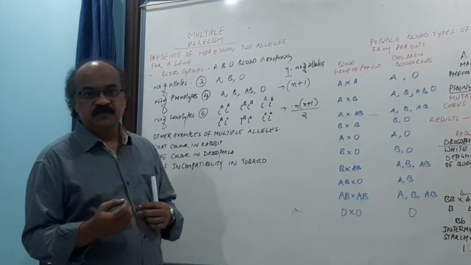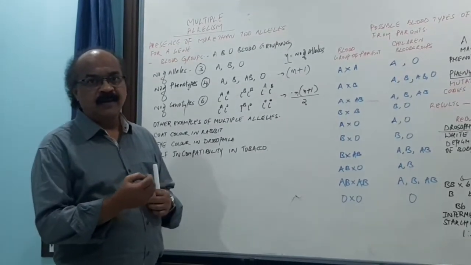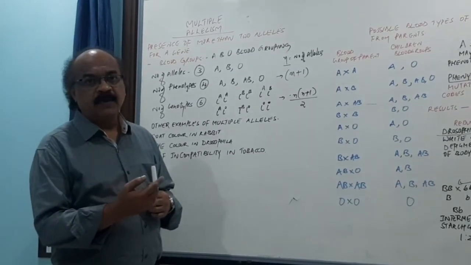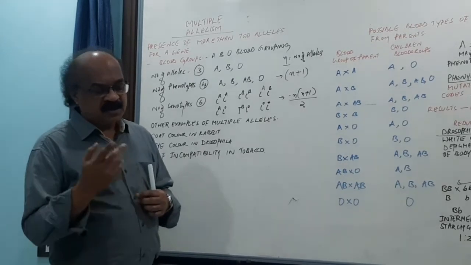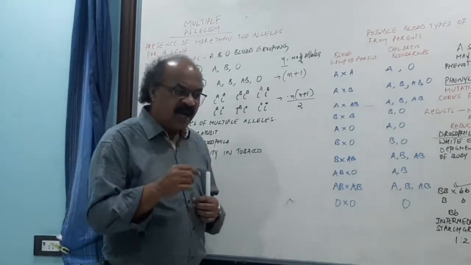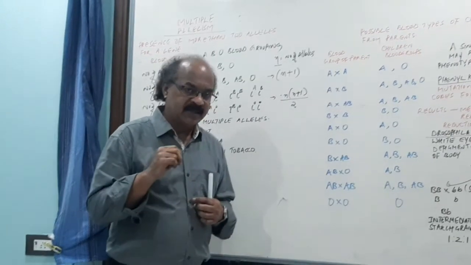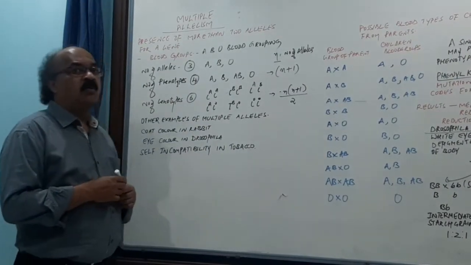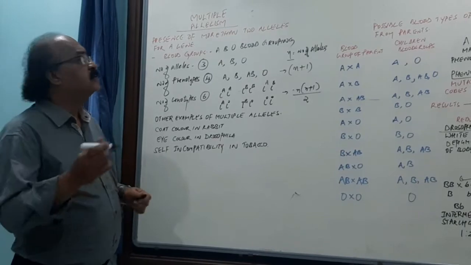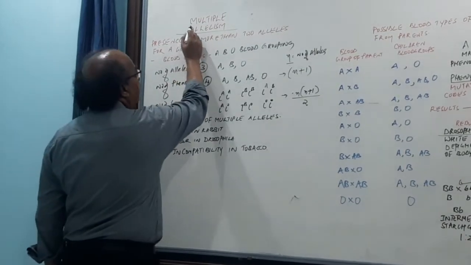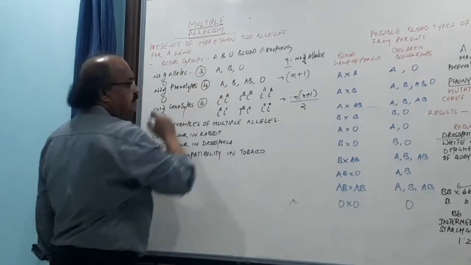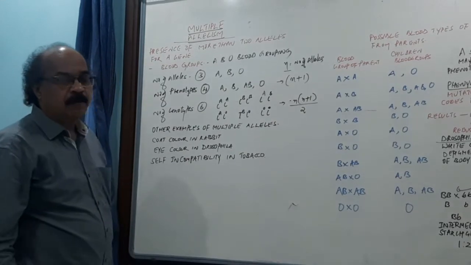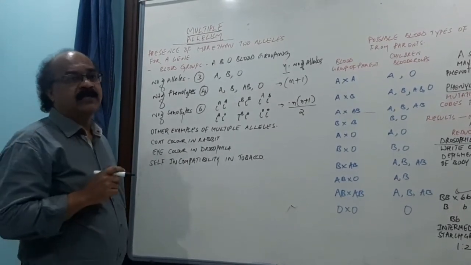Seed shape, round, wrinkled, capital R, small r. So generally, a gene will have two alleles. Suppose if a gene is having more than two alleles, that is called multiple allelism.